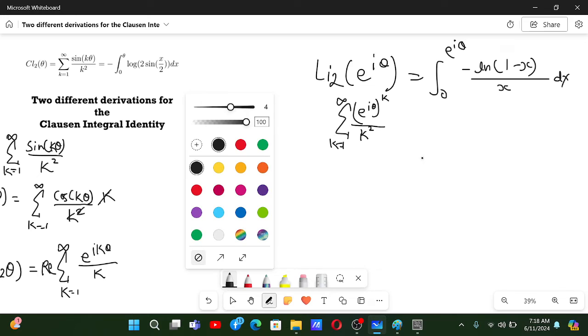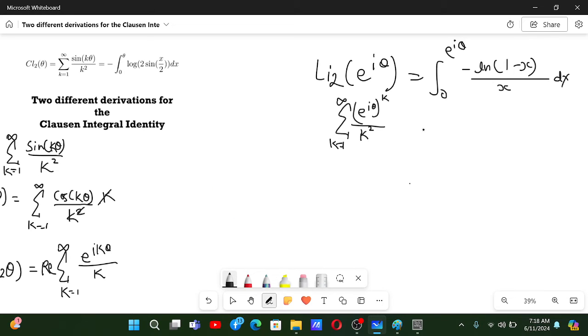Now, what we need to do is just to simplify the other part. To simplify this expression, first of all, let us make this 0 as 1.